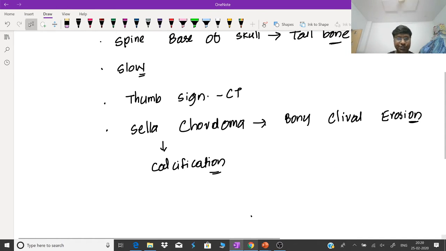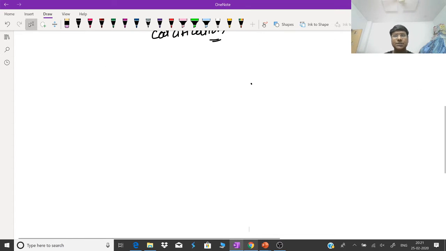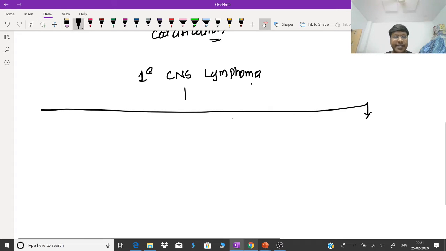If you take this question, now you take this primary CNS lymphoma. Our discussion is about the primary CNS lymphoma. The presentation of the primary CNS lymphoma is different in immunocompetent and immunocompromised. So first we will see immunocompetent.